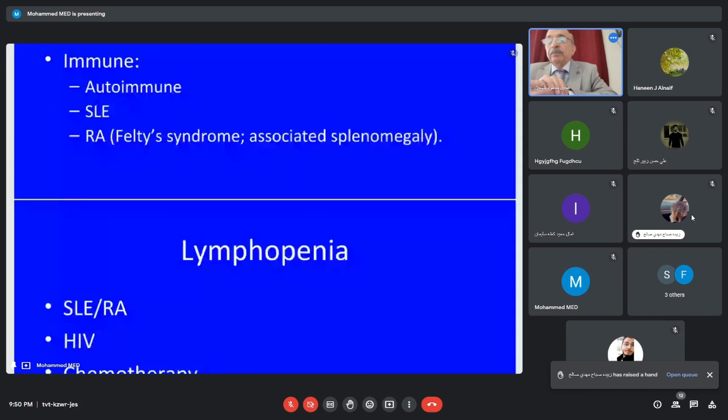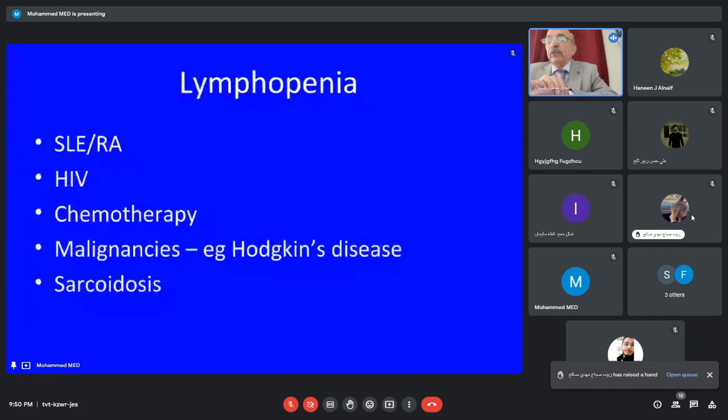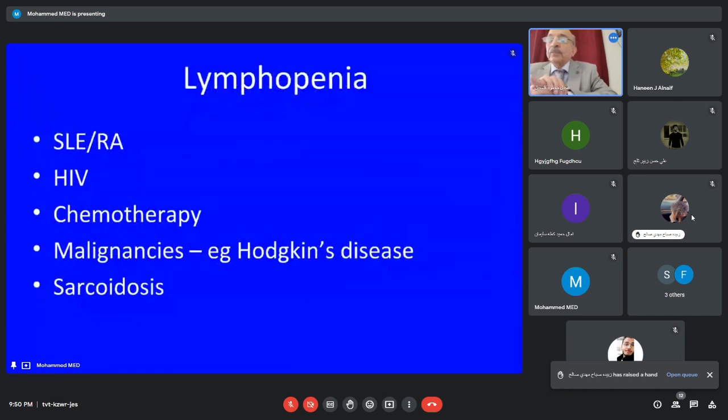Next slide, please. Lymphopenia, when the lymphocytes are low. A common cause, probably at the top of the list, is SLE, systemic lupus erythematosus, then rheumatoid arthritis, HIV, chemotherapy, malignancies, particularly Hodgkin disease, and sarcoidosis.